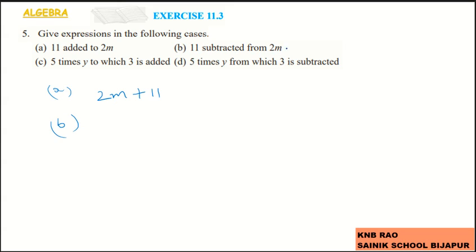Next, B, 11 subtracted from 2m, so 2m minus 11. C, 5 times y, that means 5 into y, to which 3 is added, so plus 3. Next, D, 5 times y, that means 5y, from which 3 is subtracted. So these are the first 4.